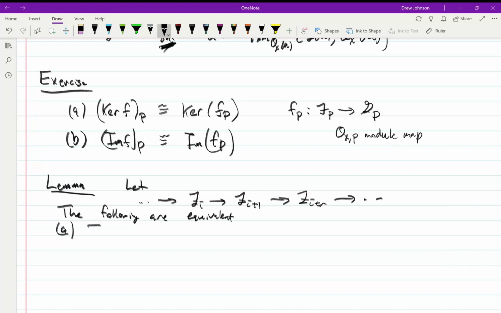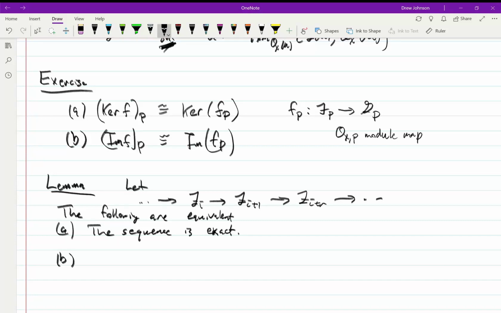A: the sequence is exact. Remember that means the image is isomorphic to the kernel at each step along the way.